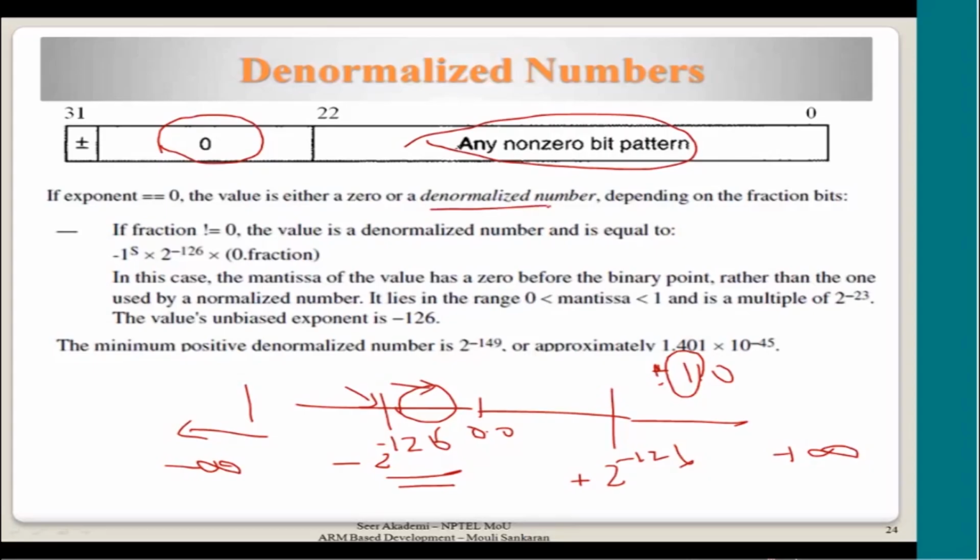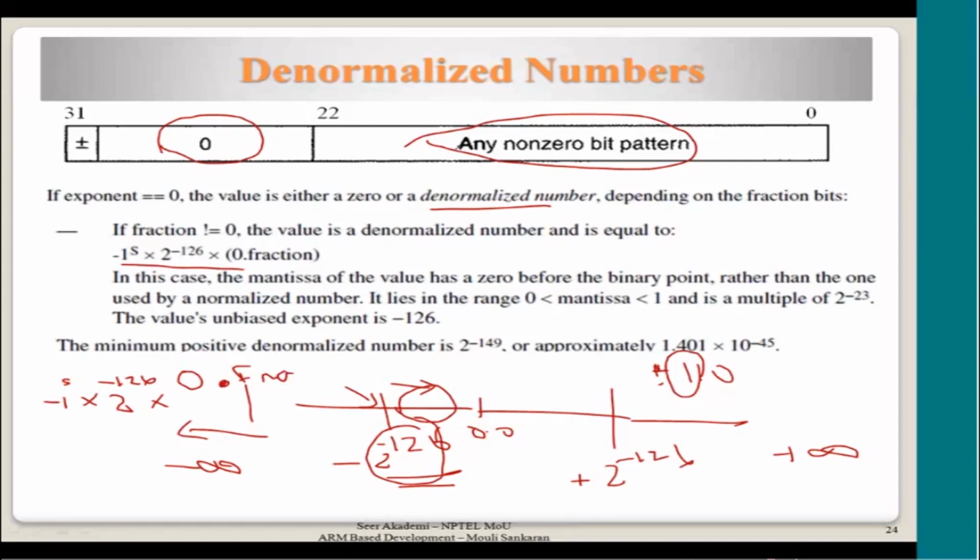It is called a denormalized form, and the value is computed using this equation: plus or minus based on the sign bit, minus 1 to the power s into 2 power minus 126. You have reached a maximum of the smaller number. Though you are having a 0 here, this range is assumed: 2 power minus 126 into the fractional portion, by assuming 0 point the fractional portion. So it is no longer 1 point something, it is 0 point fractional portion.